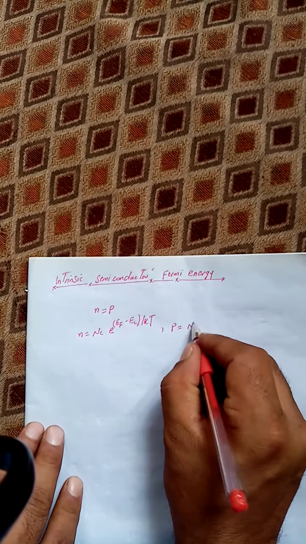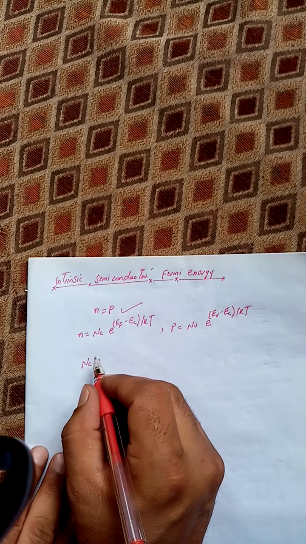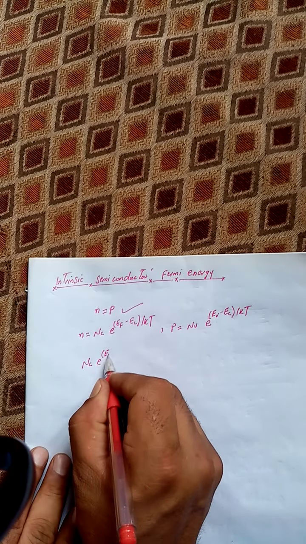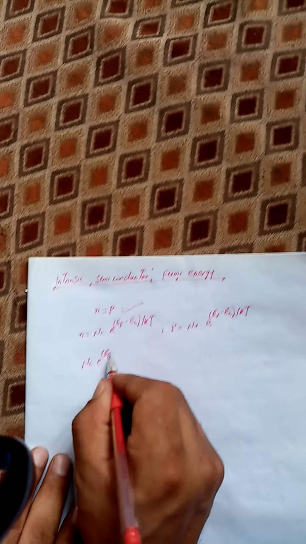We already derived these relations. Now using these two relations, we get Nc e raised to a power EF minus EC over kT, which is equal to Nv e raised to a power EV minus EF over kT.